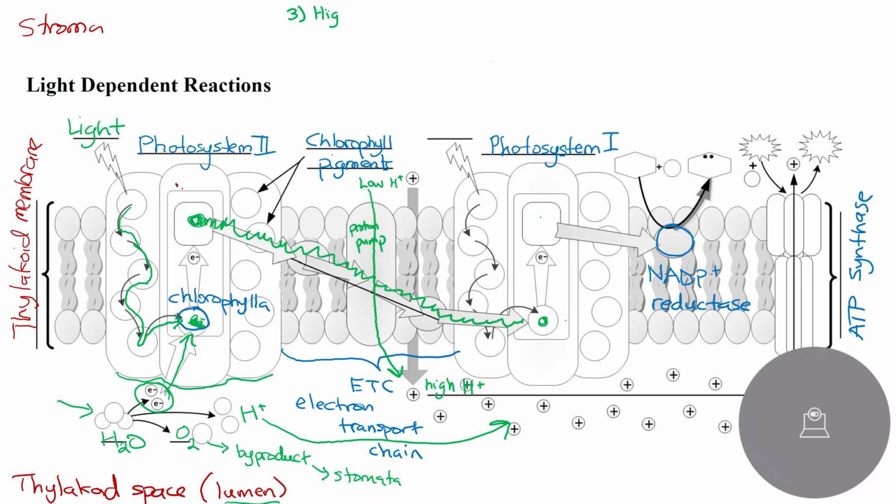High energy electrons move through the ETC, losing energy along the way.